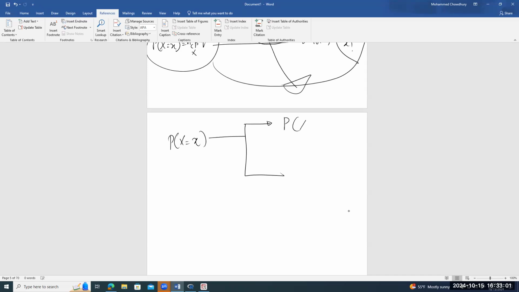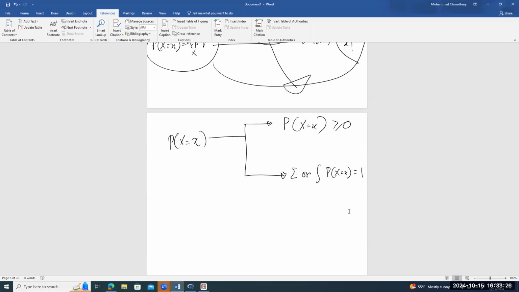One is it is always positive. Another one is the sum or integration of the probability function is always equal to 1. If these 2 conditions are satisfied, any mathematical function will be called a probability distribution.